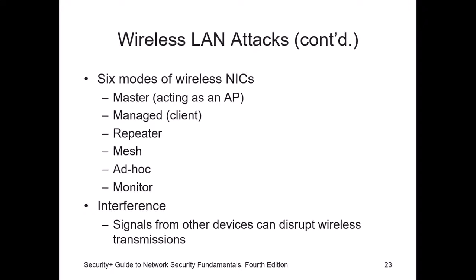It could be a connection with a mesh with a whole bunch of other NICs, ad hoc, when it's directly connected to another device without the need. It can connect to another 802.11 device, or just to monitor, right? Please write those down. This is important because knowing all of this, that your NIC can do that, will help you know what the attackers can do to access your network.